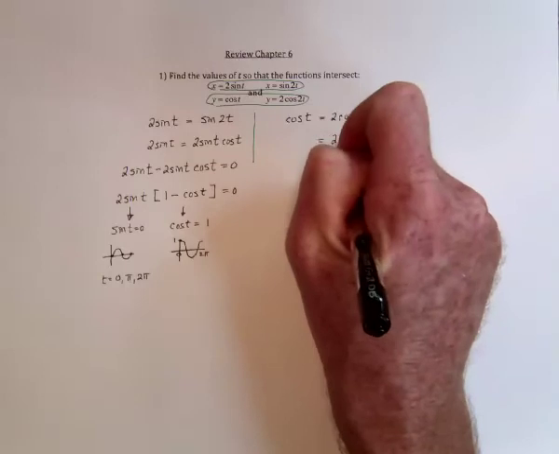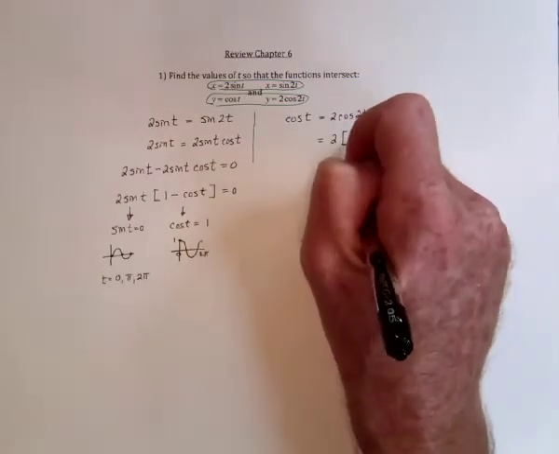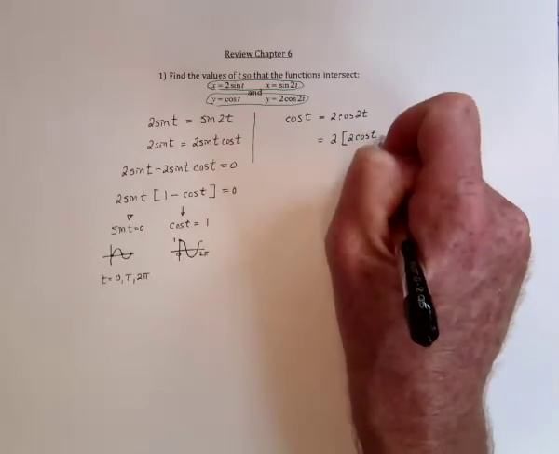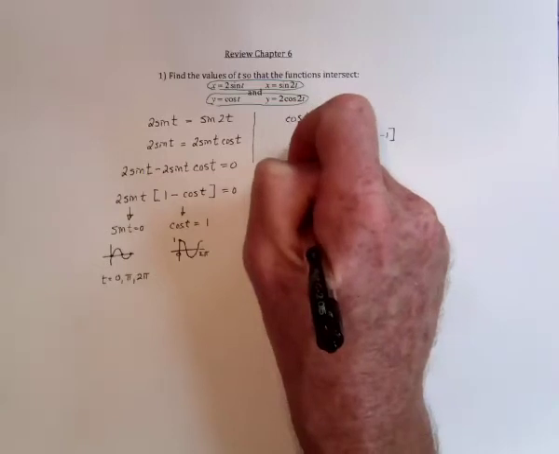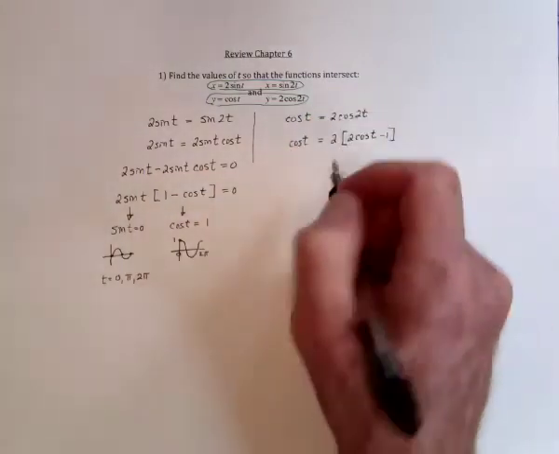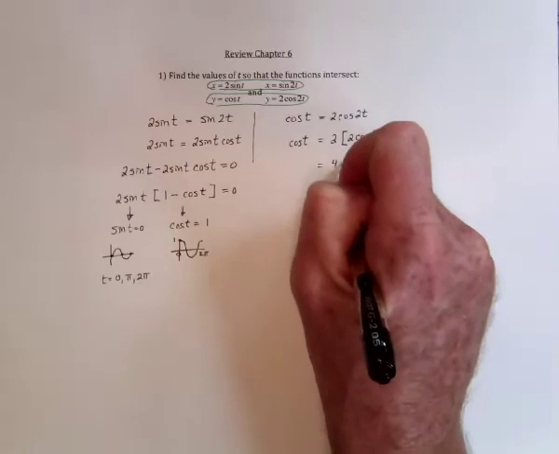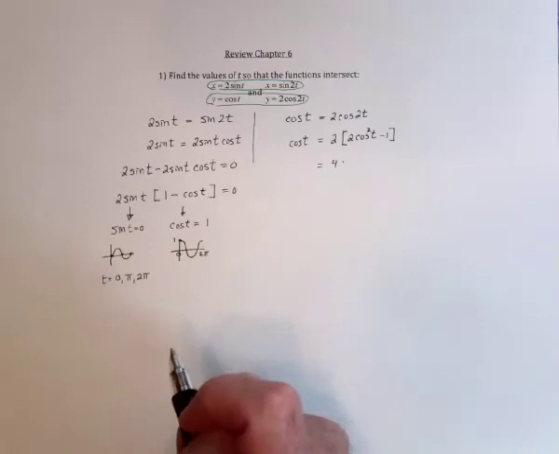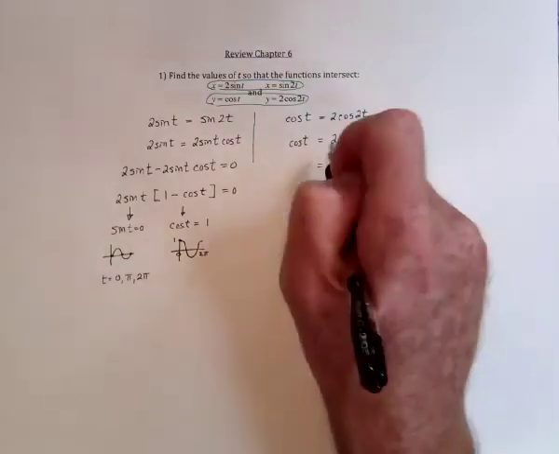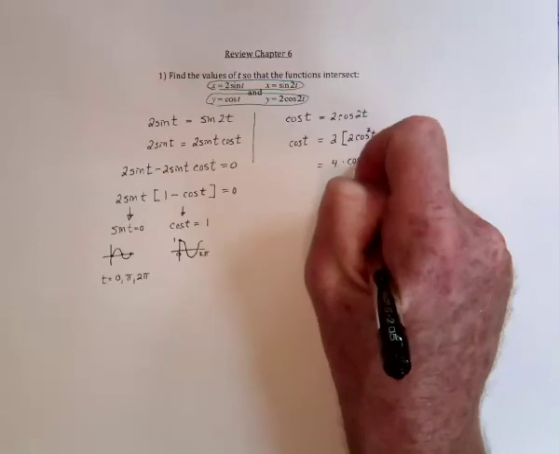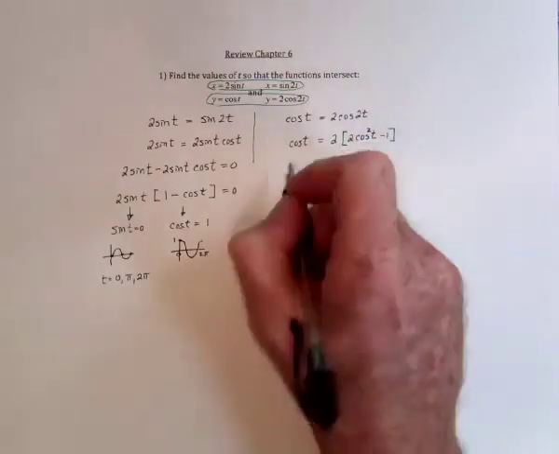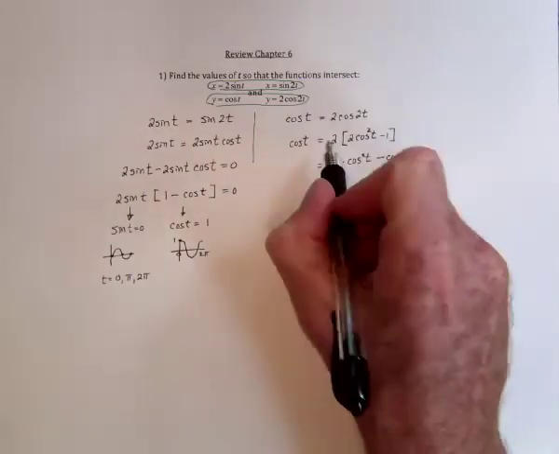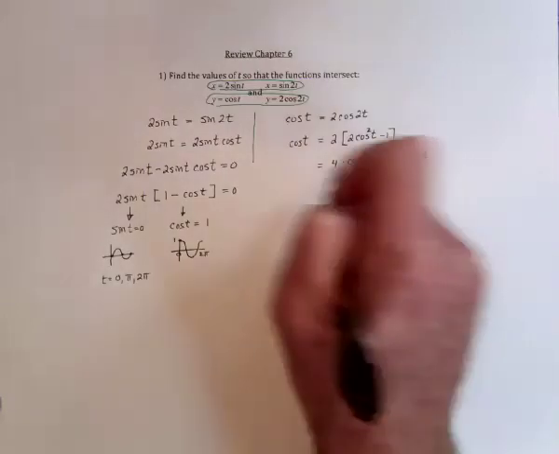So it's going to be, leave the 2 there, and cosine of 2t, which is 2 cosine squared of t minus 1. And then distribute the 2, so it's going to be 4 cosine squared. I might as well move this over right now. Subtract cosine of t, and then distribute, so it's negative 2.